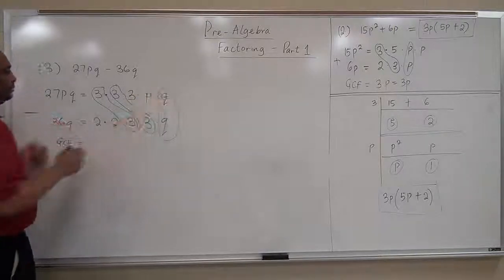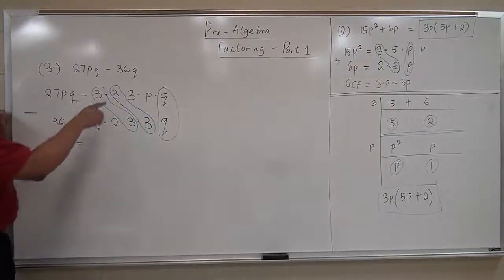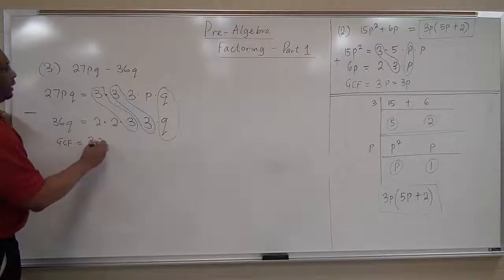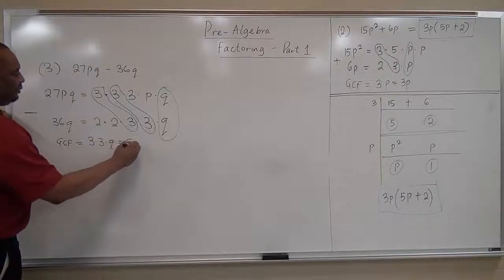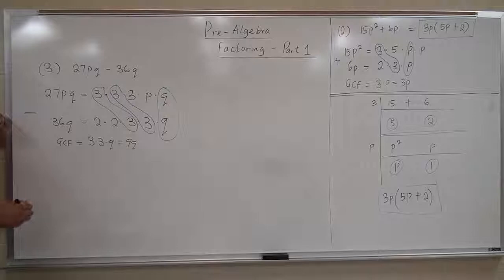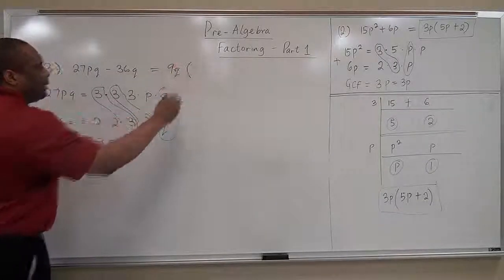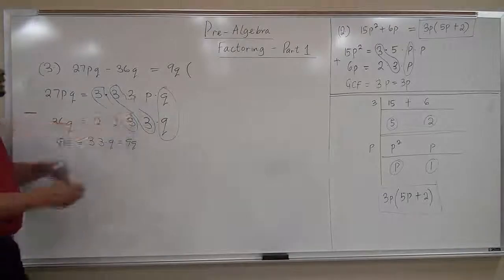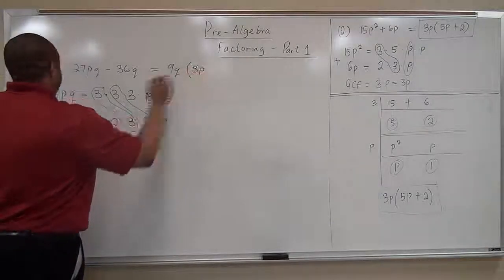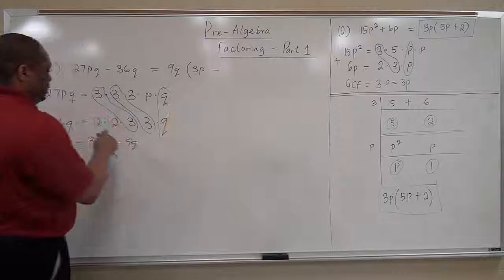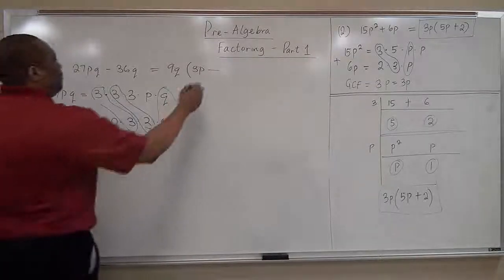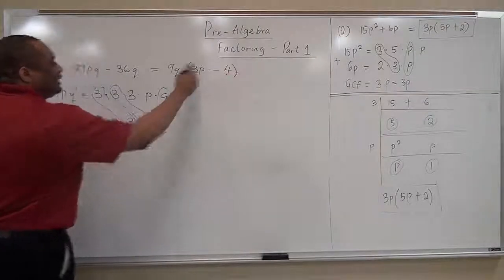So the GCF will be 3 times 3 times Q, which is 9Q. GCF is 9Q. So this will be 9Q parenthesis. What is remaining here? 3P, then minus, what is remaining here? 4. And this becomes your answer.